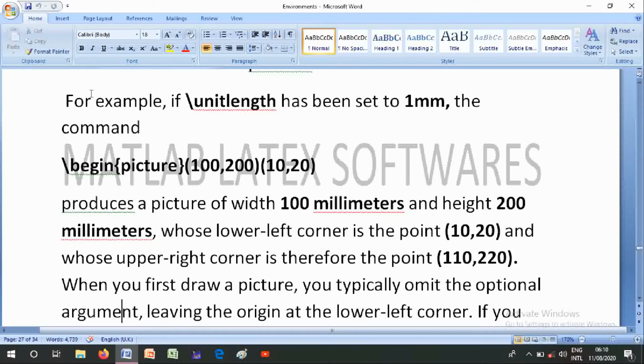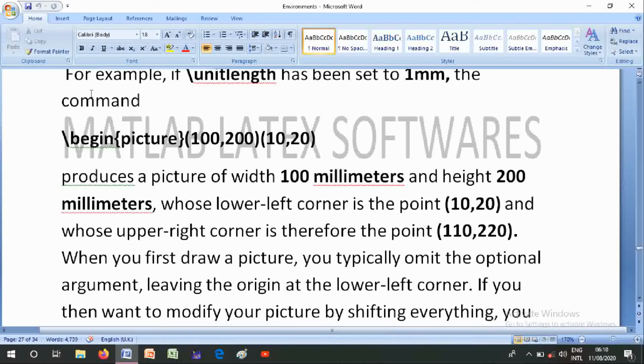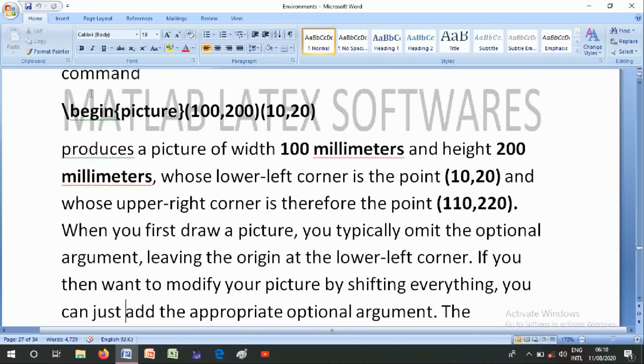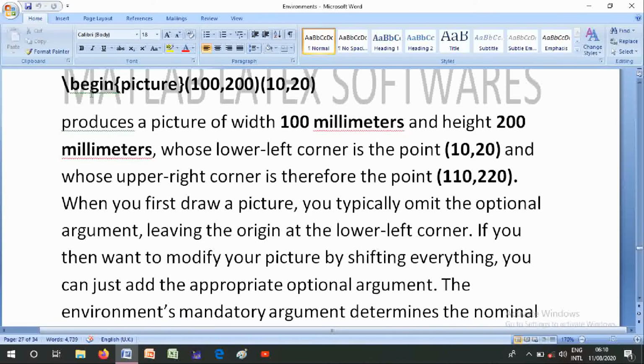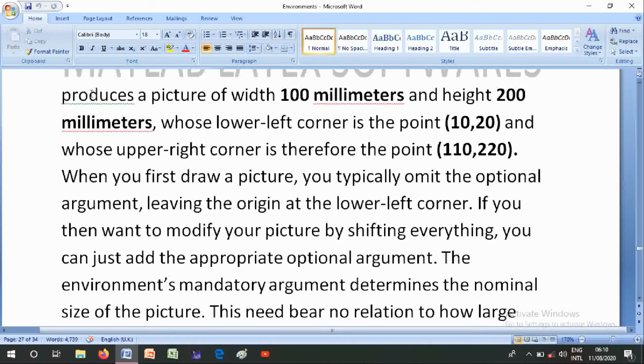When you first draw a picture, you typically omit the optional argument, leaving the origin at the lower left corner. If you then want to modify your picture by shifting everything, you can just add the appropriate optional argument. The environment's mandatory argument determines the nominal size of the picture.